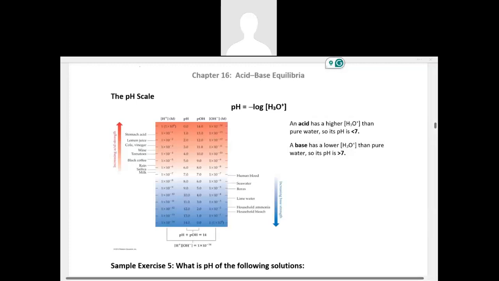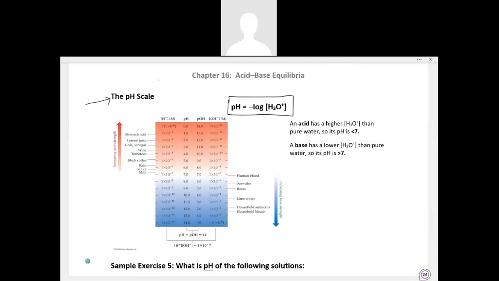In the next part of this chapter 16 worksheet on acid-base equilibria, we'll take a look at what's referred to as the pH scale. There's one important equation given here that tells us that this term pH refers specifically to the negative log, a base 10 log, of the hydronium ion concentration.